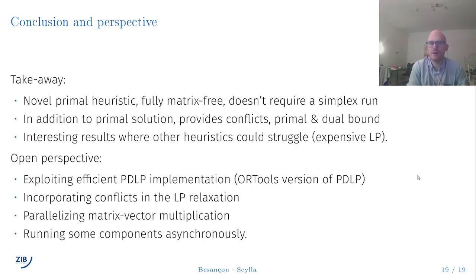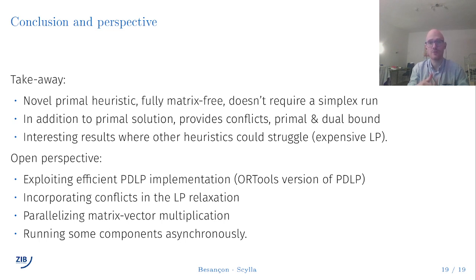All right, as key takeaways, first, this is a fairly novel primal heuristic that exploits new techniques for solving LPs that are fully matrix-free. So we only require sparse matrix times vector multiplication, no simplex run, no interior point whatsoever. And in addition to primal solutions, it provides useful information like conflicts, so all the conflicts are valid.